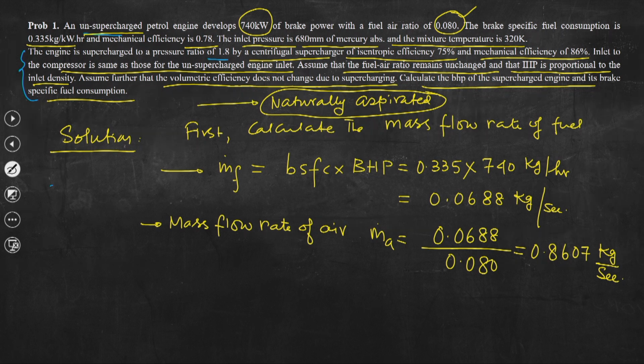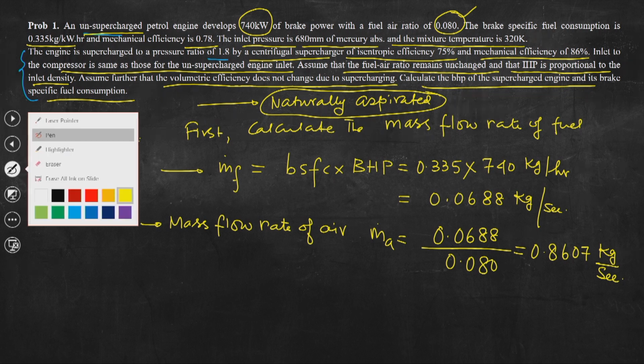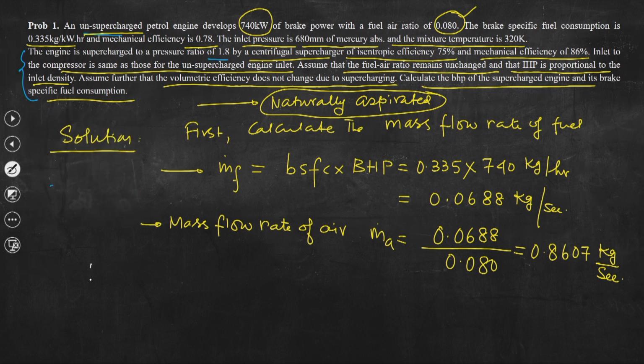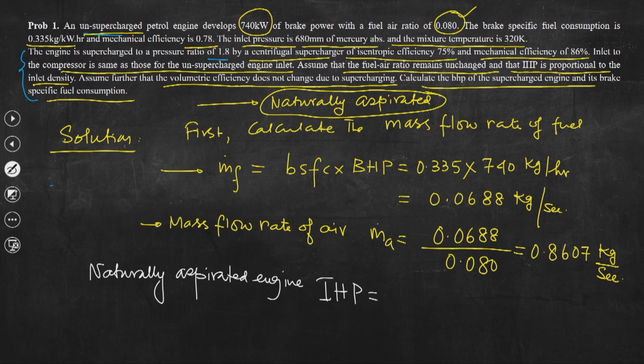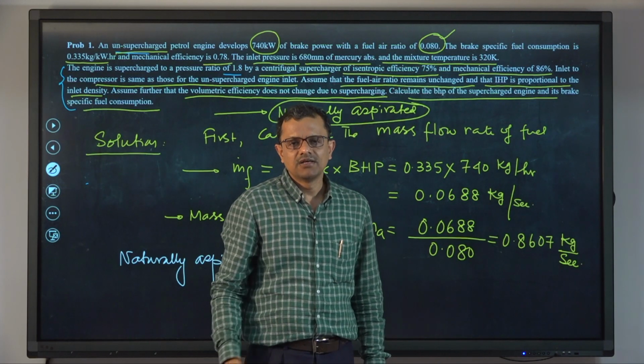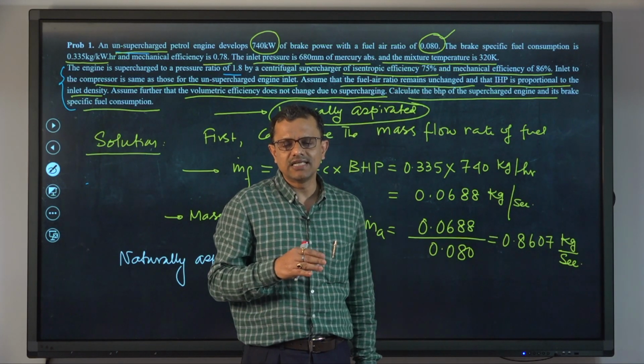Now, for the naturally aspirated engine, we can easily calculate IHP. Why? Because mechanical efficiency is given as 78%. Mechanical efficiency is nothing but BHP by IHP, because brake horsepower is less than indicated horsepower.